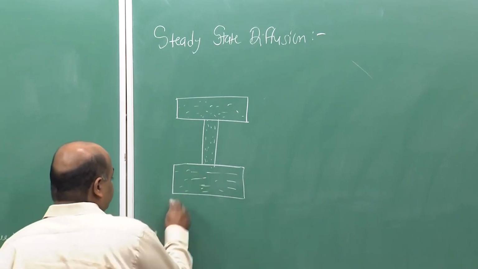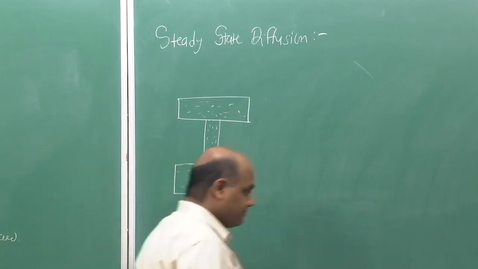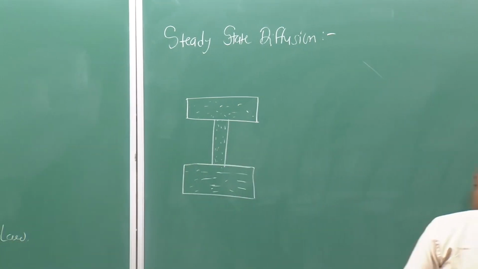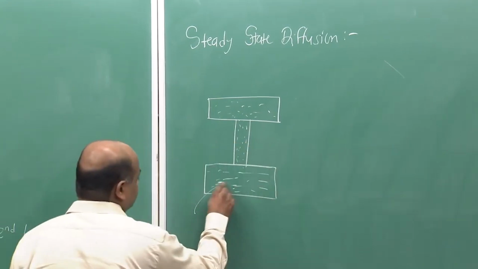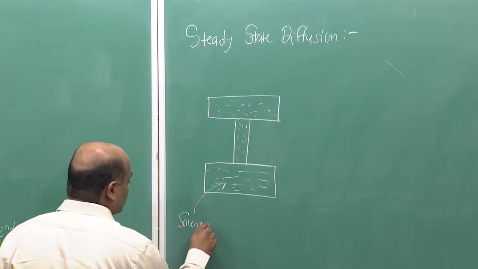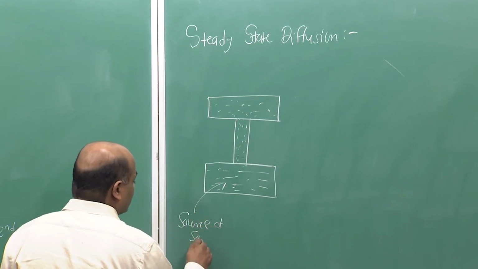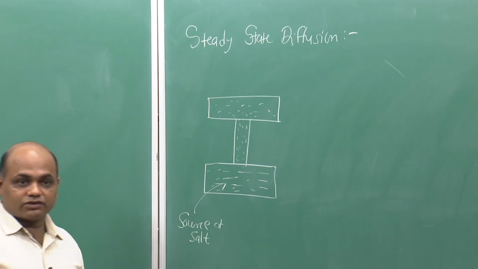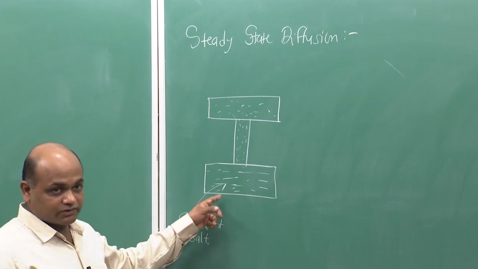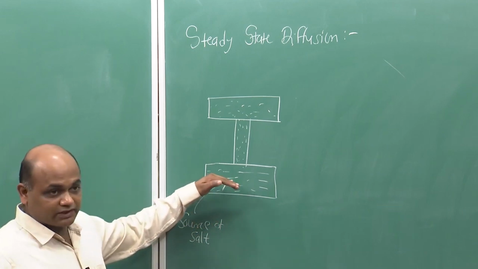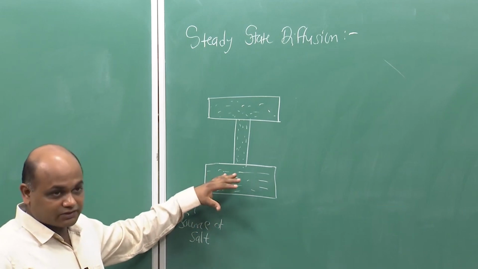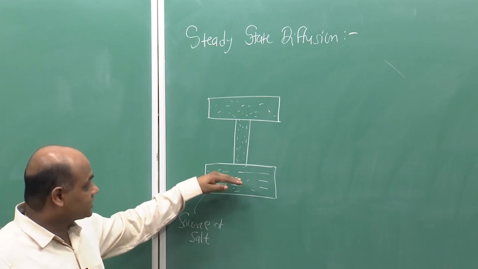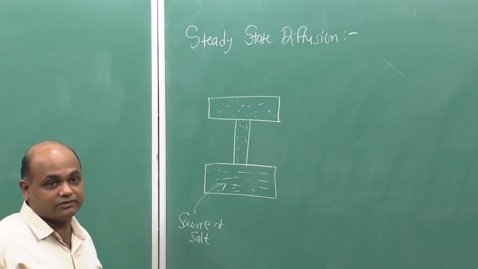At the bottom, this was basically the source of salt, the saturated solution of salt in water. So, the concentration was fixed and this was almost an infinite source of salt. So, the concentration of this will not change because of diffusion.